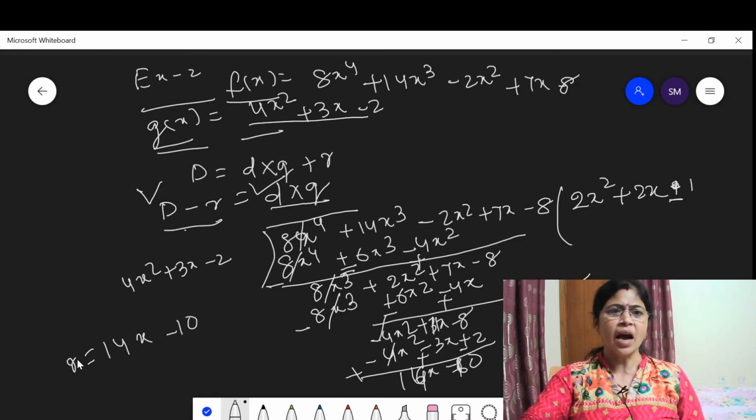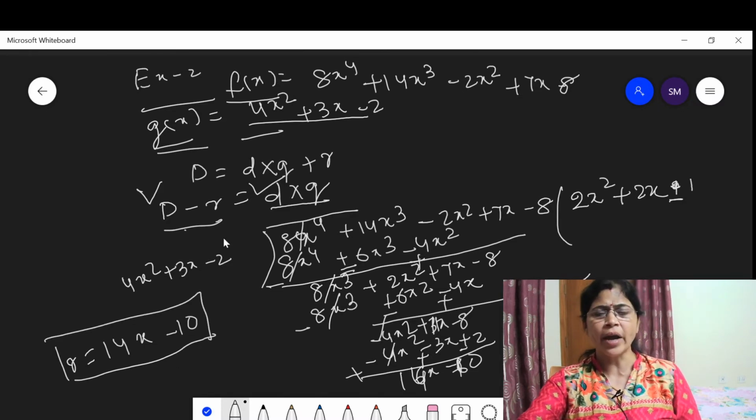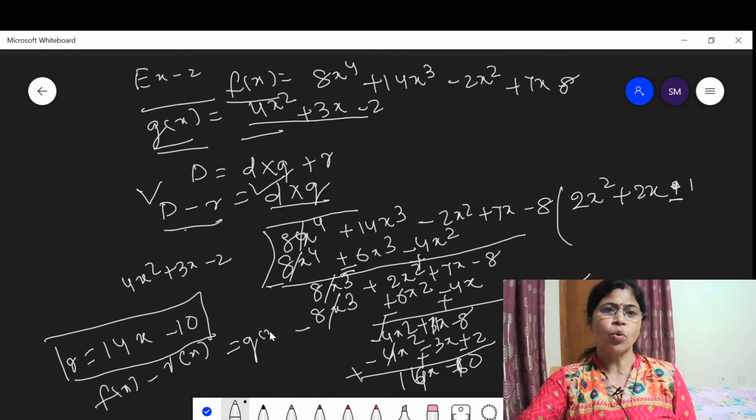Then this is r(x), this is the remainder. When you subtract r(x) from f(x), this is equal to q(x) into g(x).